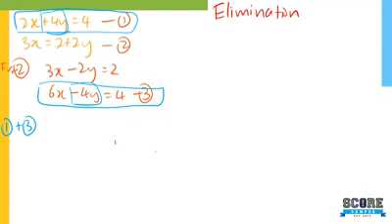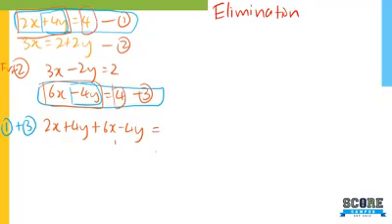Taking the left hand side, you get 2x plus 4y plus 6x minus 4y equals, and on the right hand side, 4 plus 4. Simplifying, you get 2x plus 6x, 8x. 4y minus 4y is 0, equals 8.